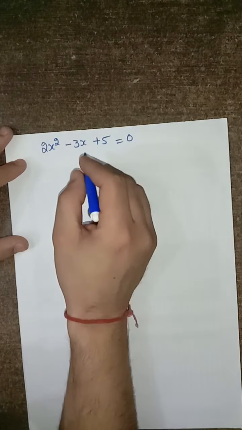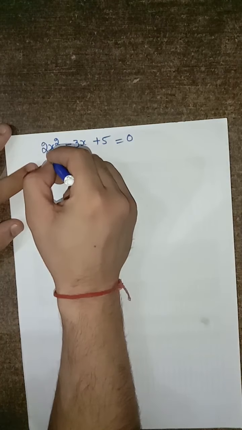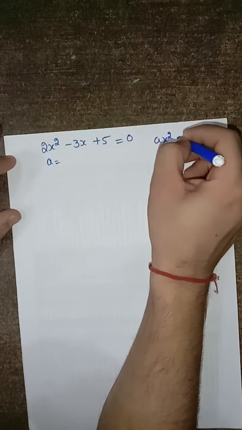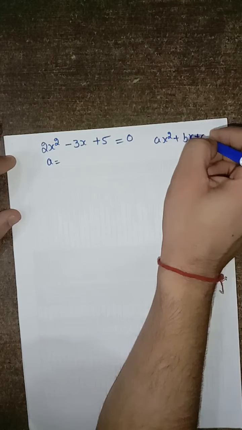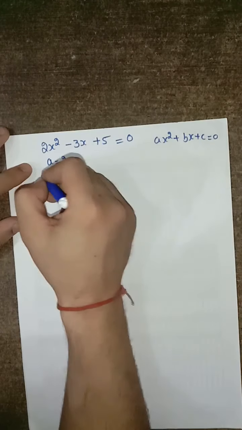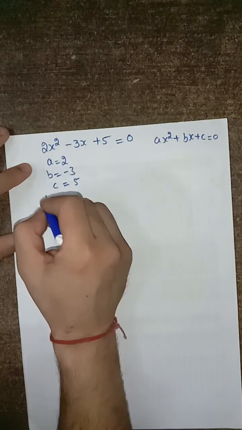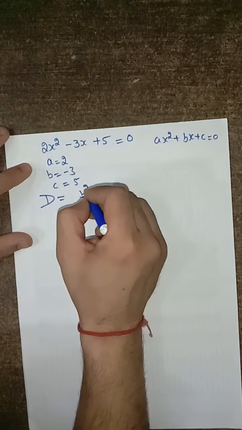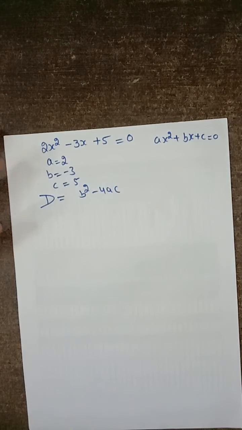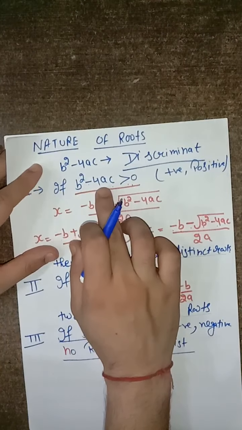If we want to find the nature of roots, then first compare this with the general equation, that is ax square plus bx plus c equals 0. a will be 2, b will be minus 3 and c will be 5. And our discriminant will be b square minus 4ac.